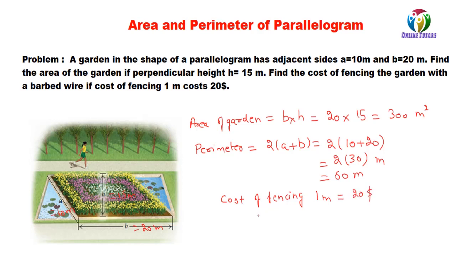Therefore, the cost of fencing 60 meters will be equal to 60 into $20, so it will be $1,200.